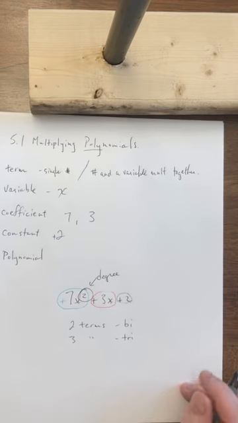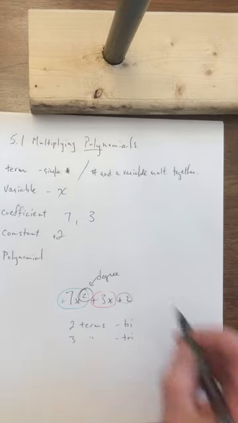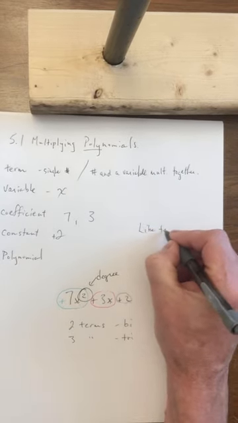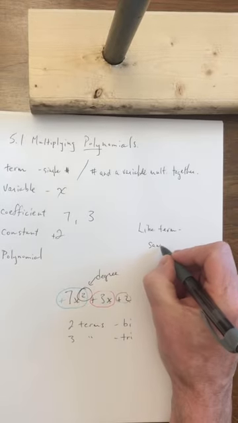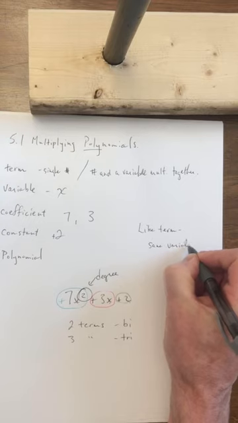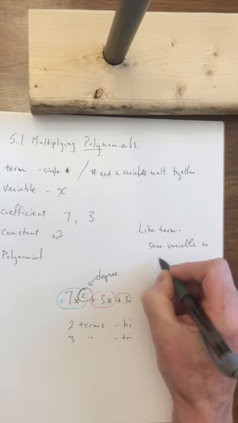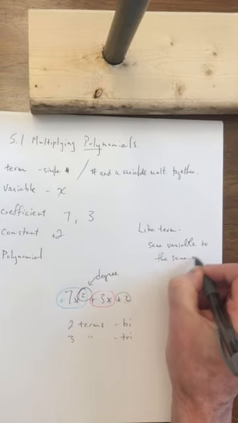And we can only add and subtract like terms. So a like term is a term that has the same variable to the same degree.